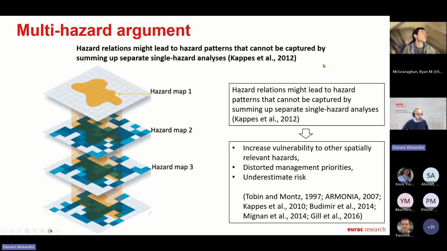So I want to talk a bit about the argument for multi-hazard. It was demonstrated, I think, by some events, but the main argument to talk about multi-hazard was really that if you don't take into account those different interactions, then you will be missing a lot of the risk, which will be completely invisible to single hazard analysis.